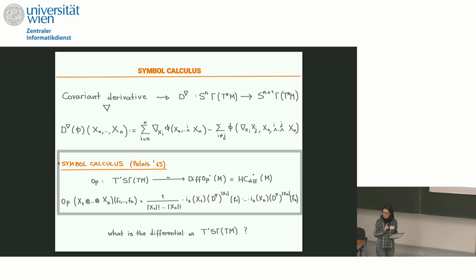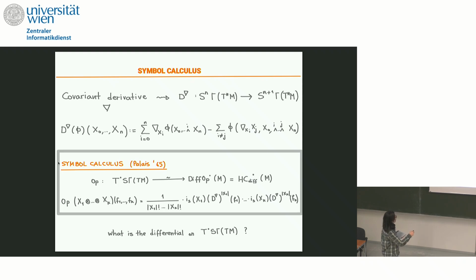And once I do that, what I can do is construct this new map, D nabla, which, you see, just takes a symmetric tensor product of one forms and increases the degree by 1.